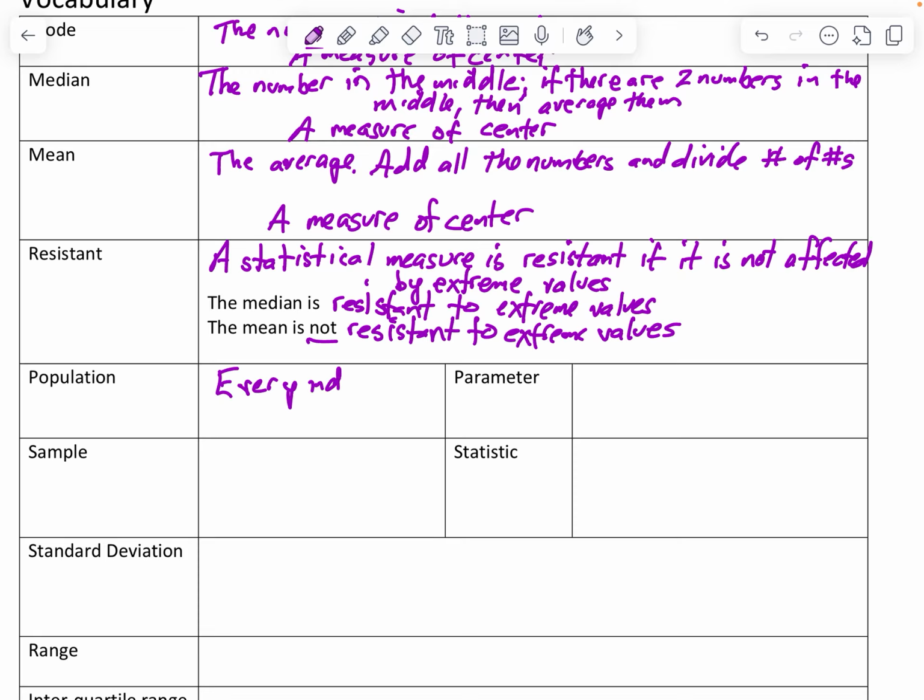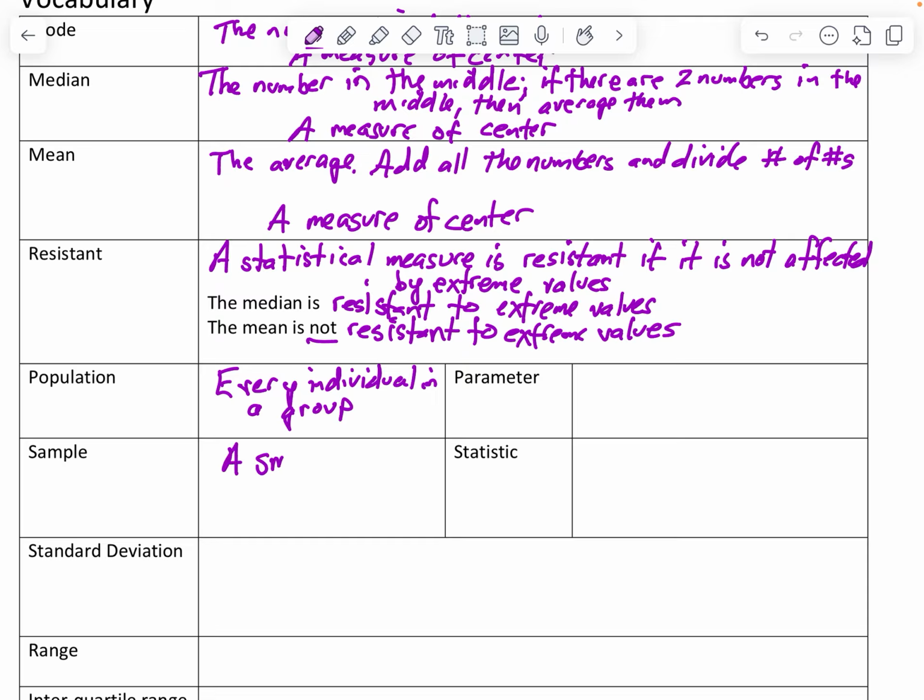Now, if we're talking about a group of people, that population would be as if you put everybody and find the information about them. So the population is everyone. You could define what that big group is. And then if you decide to start taking smaller subgroups of it, that's called a sample.